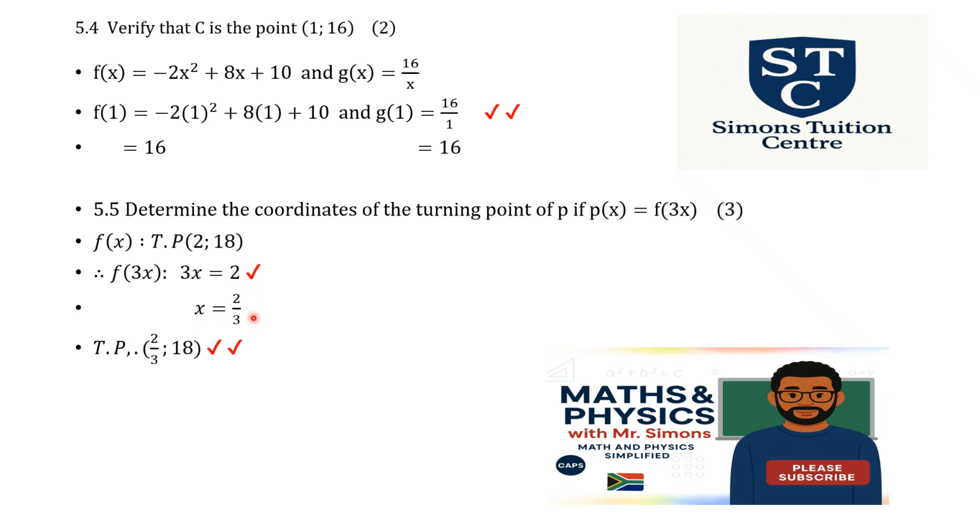My new turning point would be (2 over 3; 18). Take note, we're not changing the y value, we're just interacting with the x value, so 18 stays the same. 1 mark for saying 3x equals 2, 2 marks for my new turning point. Same there, 1 mark for substituting 1 in both equations, and then getting the answer 16.